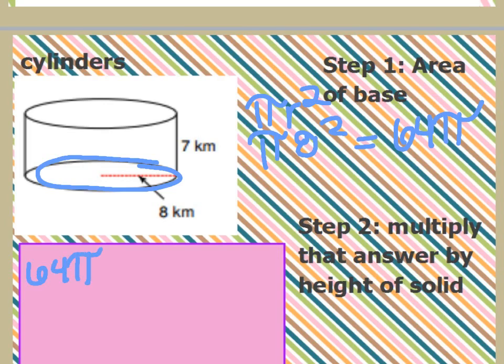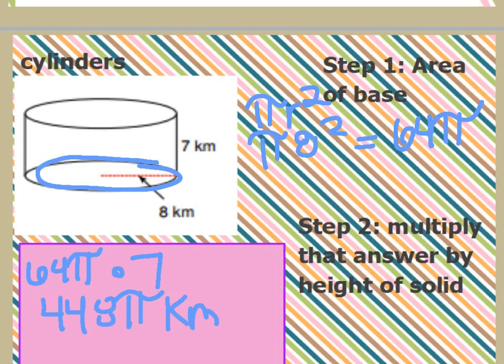But remember, we've got to find the volume. We have to take this and multiply it by the height, which is 7. So we've got to do 64 times 7, and that is 448 pi. So that's the final answer, in kilometers. Always include your units.